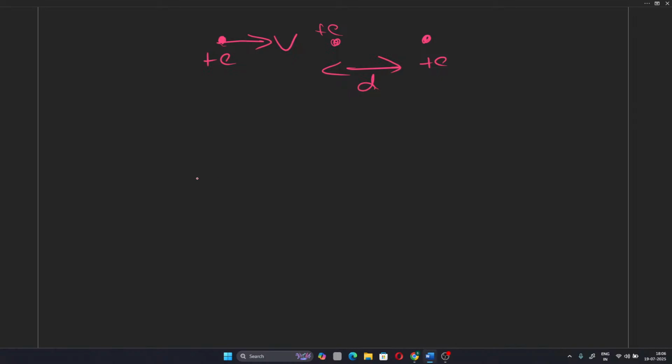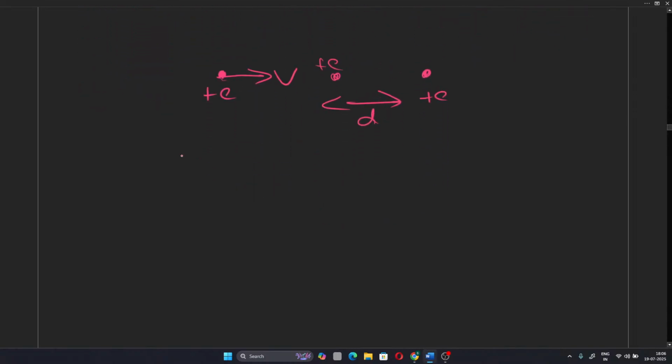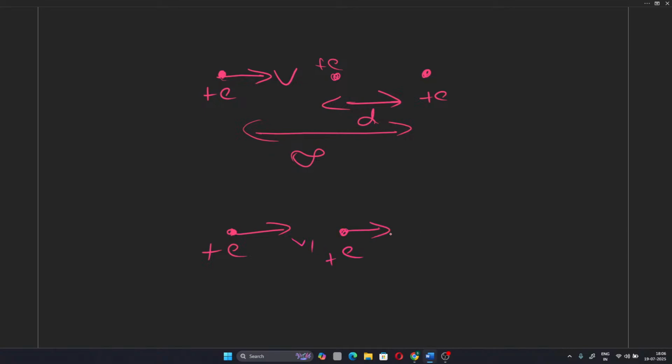So let's assume this distance is infinity, and at one point this became v1 and this became another v2, and this is the minimum distance.